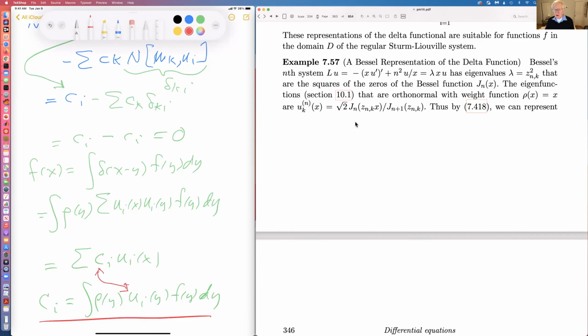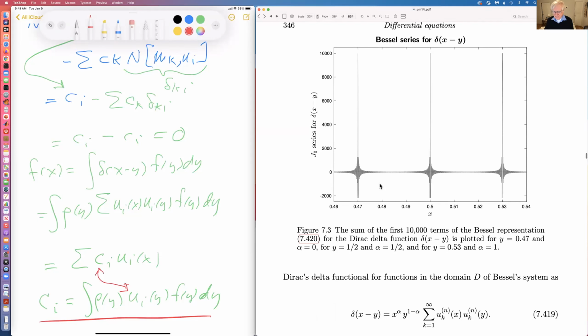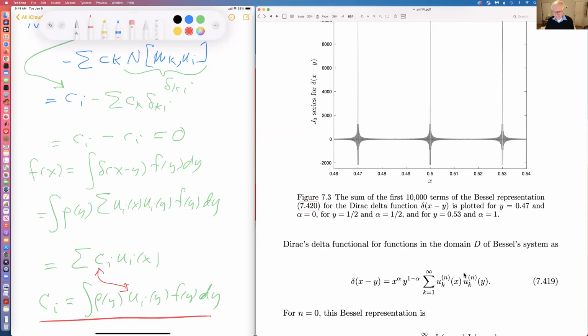These are just normalization constants. The basic thing is J_n of z_nk x. And what I'm doing then is a sum over k for each n.